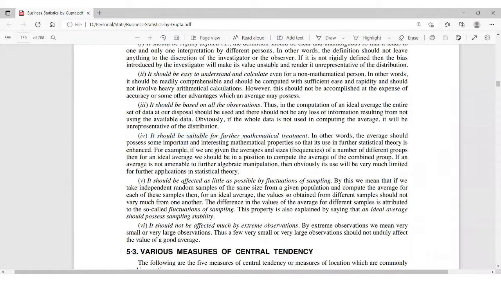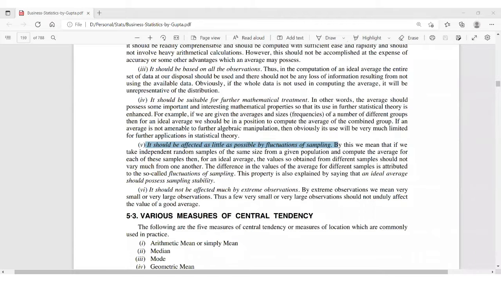Similarly, it should be affected as little as possible by fluctuations of sampling. If data fluctuate but the measure is less affected by fluctuation, you can take that. It should also not be affected by extreme observations.